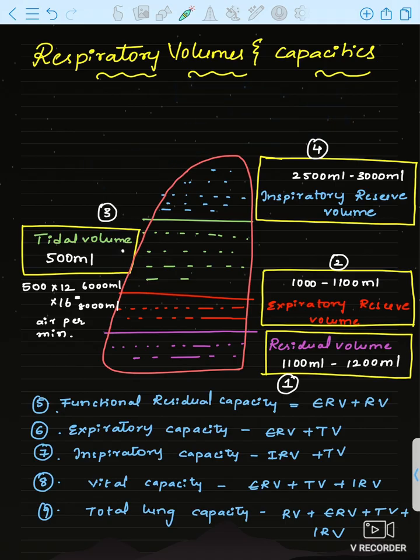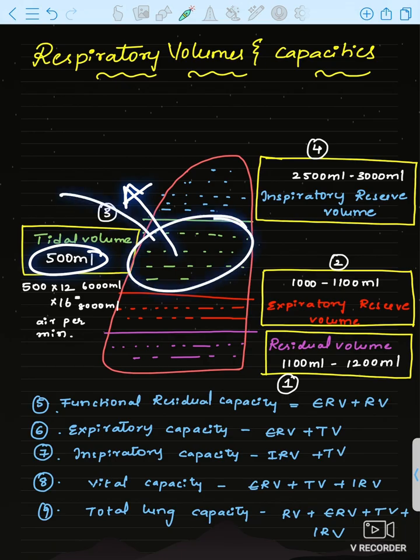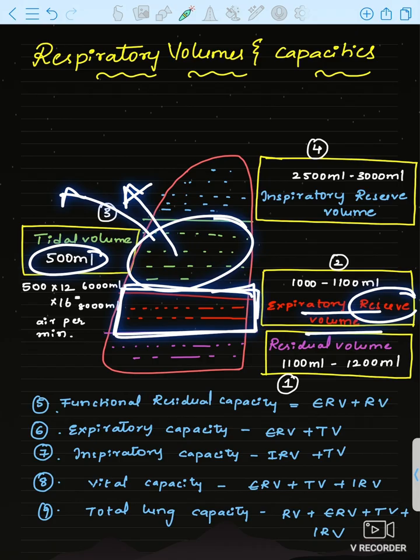Now you are inhaling, inspiration took place, now you are expiring the normal air, normal expiration is taking place, tidal volume will go out, and inside there will be expiratory reserve volume. Reserve means some reserved.